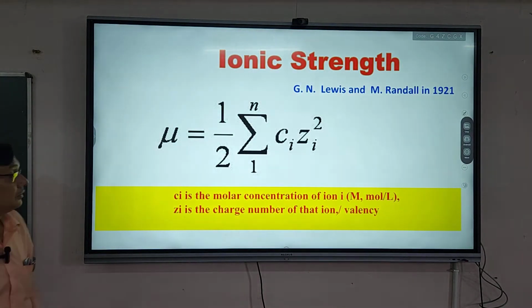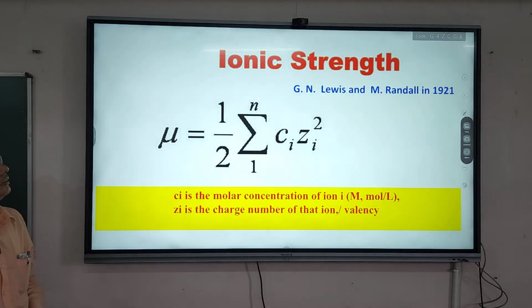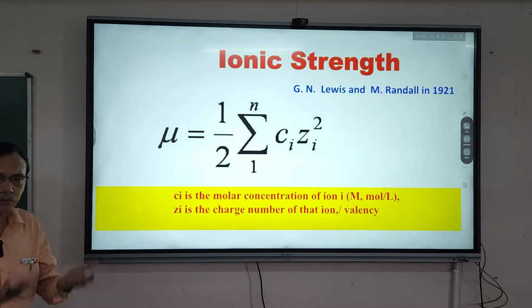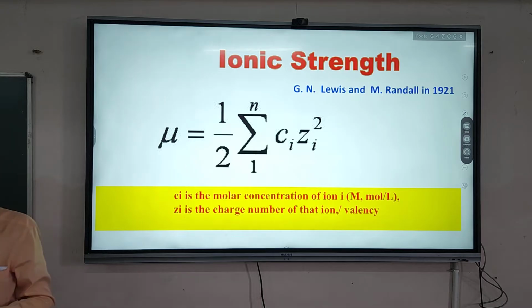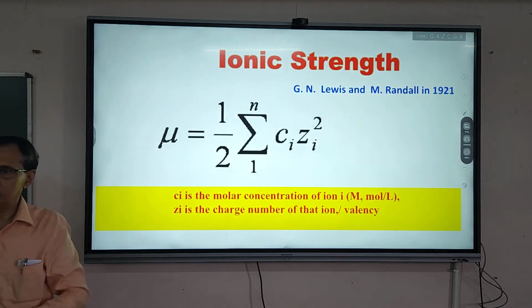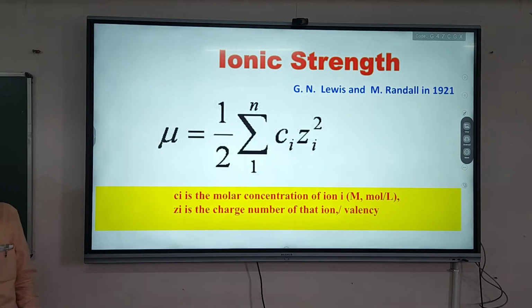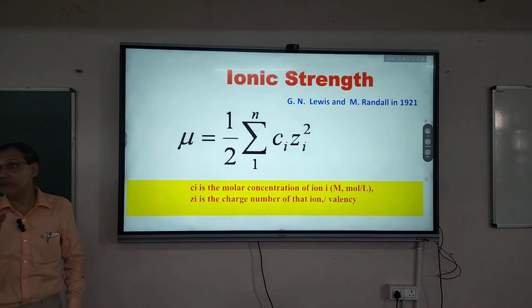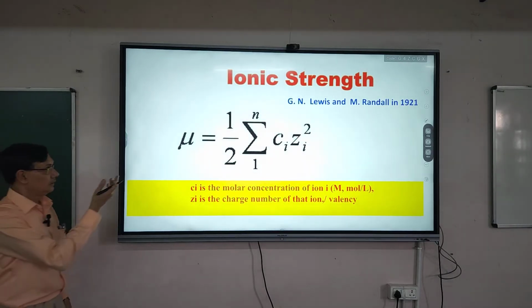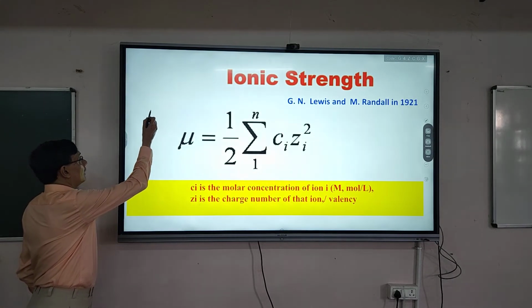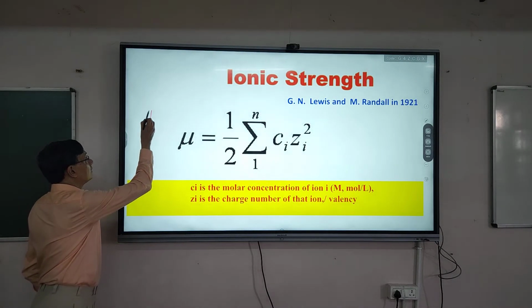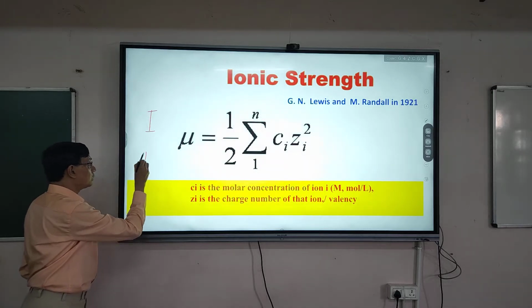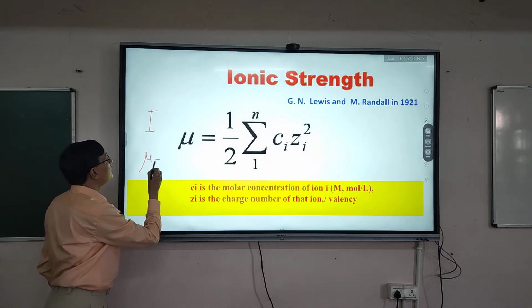Now, before going into the details of the primary salt effect and the Bronsted equation, it is necessary to know the concept of ionic strength. In some books it is written as I, or mu is also written, that is called the ionic strength.